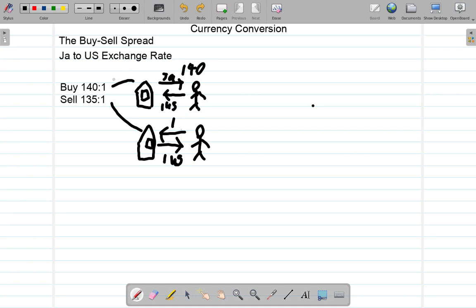Now, the customer, you come in to them and say, here's my US dollar. I'm selling you US dollar. Could you please buy my US dollar and give me Jamaican dollars? They give you 140 Jamaican dollars.